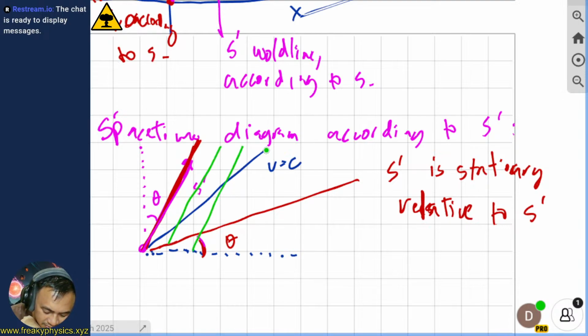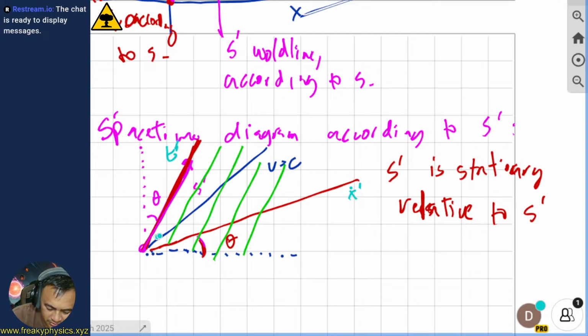It's going to look like that. You get why it's like that though, right? Because these coordinate lines should be parallel to their axes. So the other coordinate line here would be, let's use this. This is going to be the x prime, and this is going to be t prime.